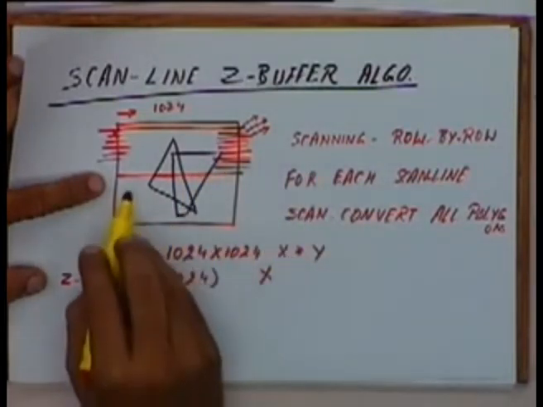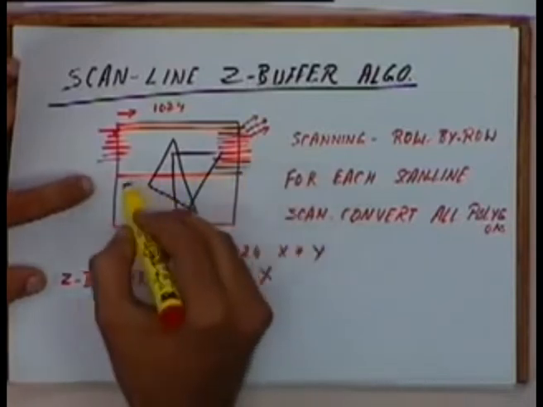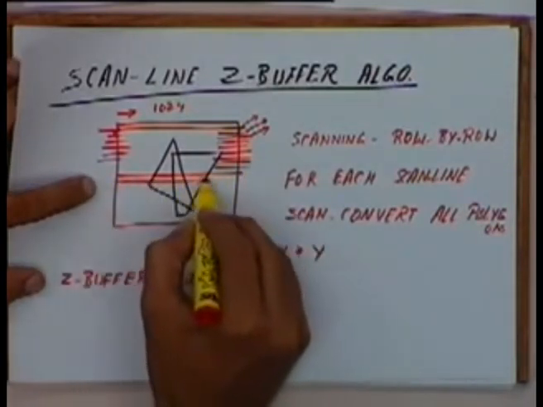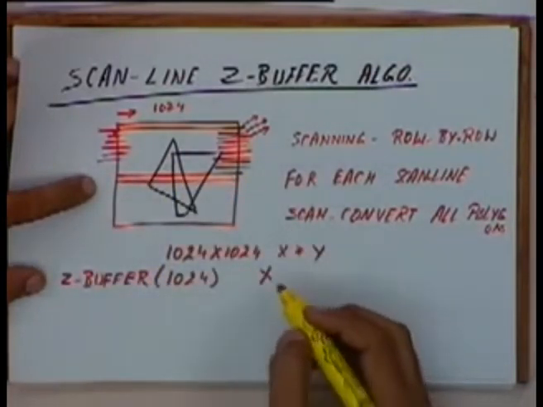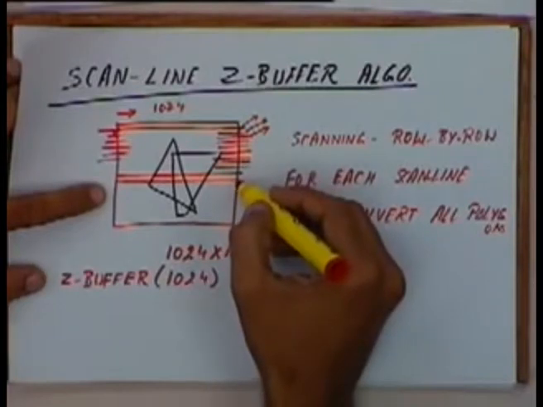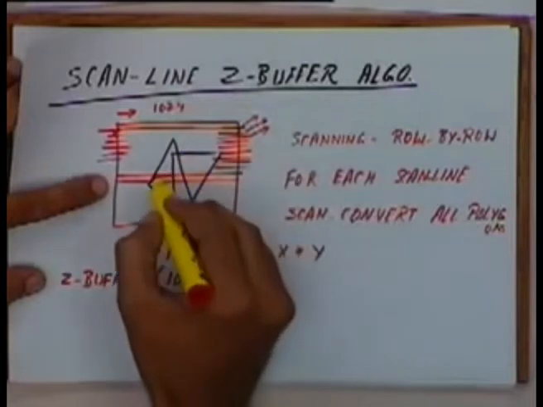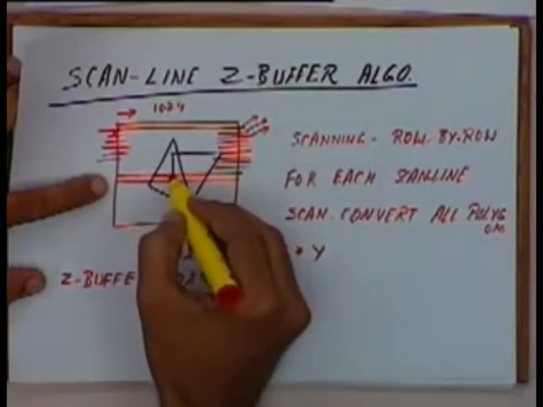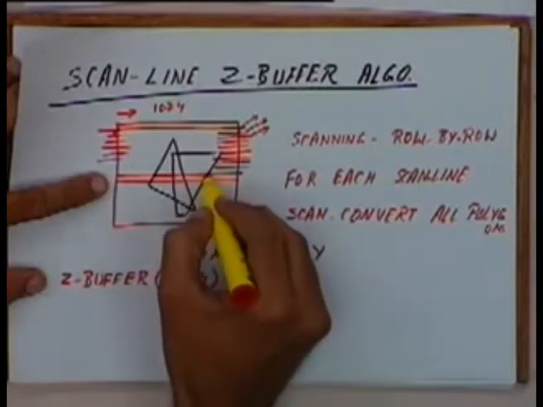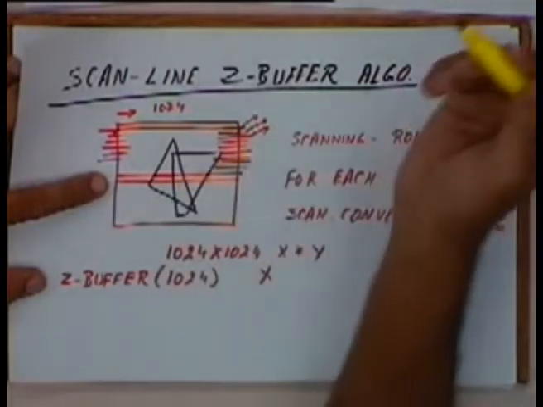Once I have decided that, I'm going on to the next scan line. When I go to this next scan line, I don't need to maintain a Z buffer for this, because there I've already decided which polygon is to be displayed at which pixels. That information will be stored in the frame buffer.